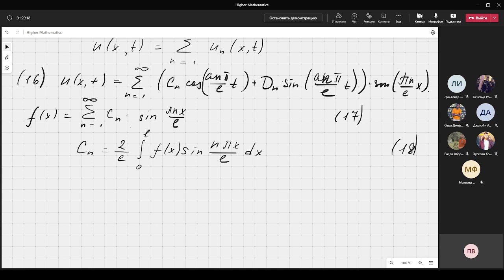We then differentiate the terms of 16 with respect to t and substitute t is 0.